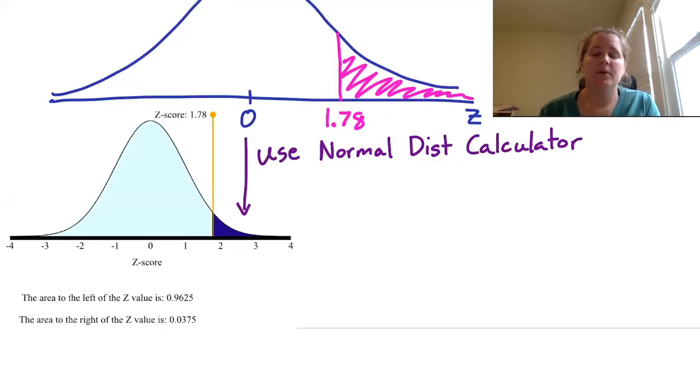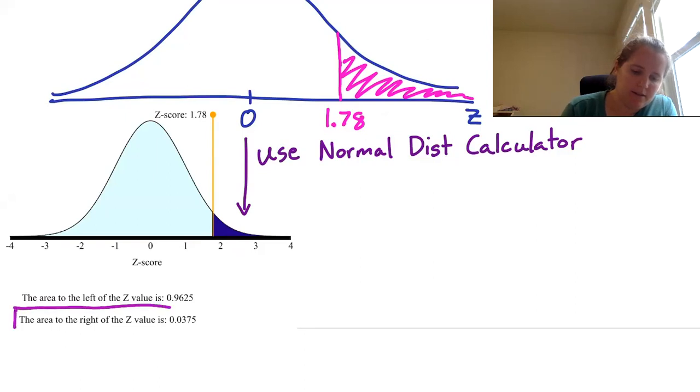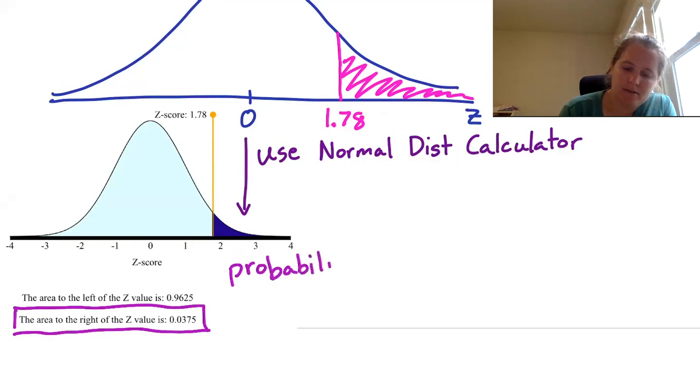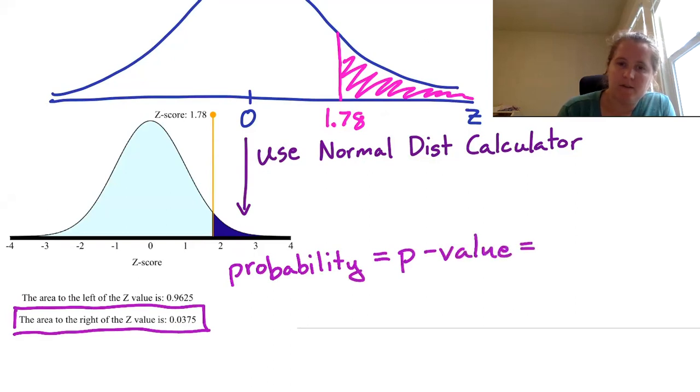So again, we were interested in the area to the right of 1.78. So we are interested in the value 0.0375. So we get a probability or our p-value is equal to 0.0375.